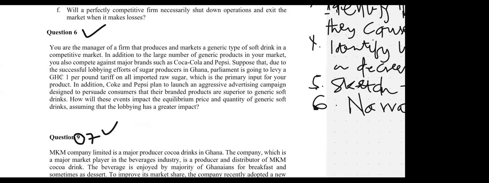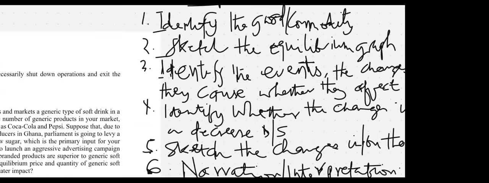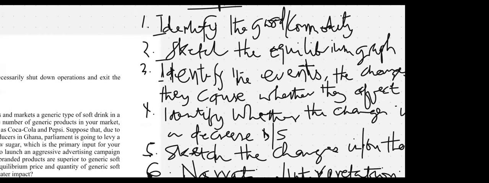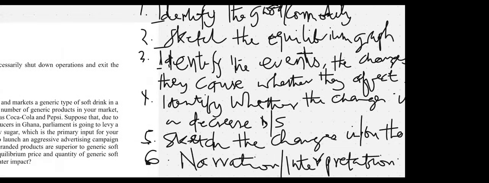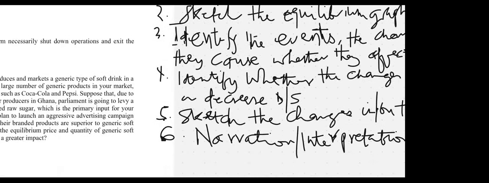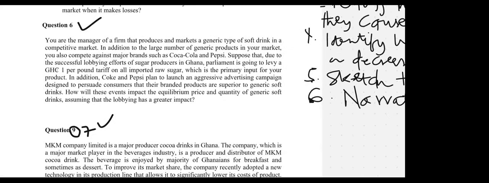You first identify the good or commodity. How do you identify the good or commodity? Before you begin solving 6, first go and read the last question. Always read the last question. That's where you find the good or commodity here.